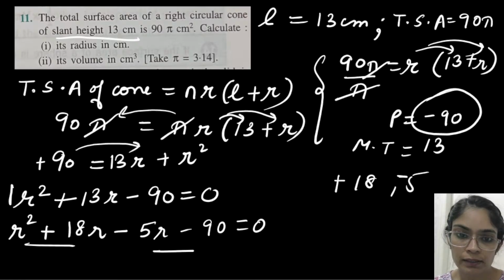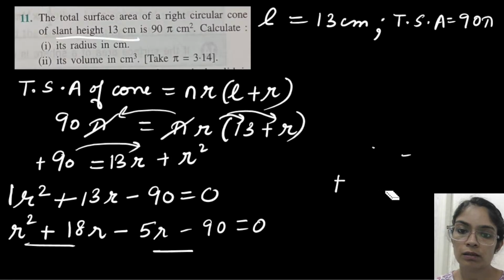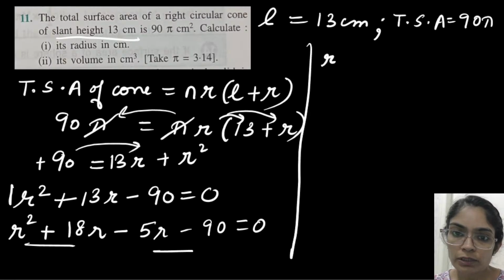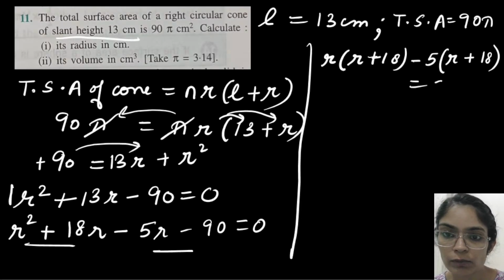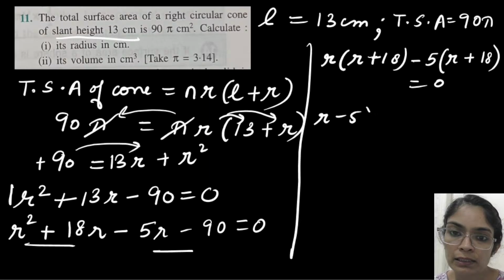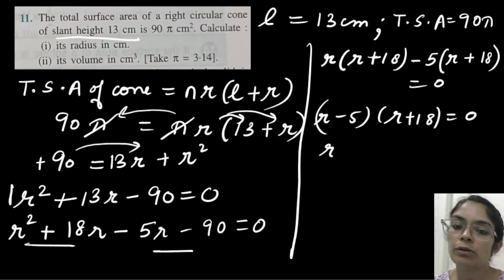So this is one pair, this is another pair. Taking common from the first pair, r is common, so I am left with r plus 18. From the second, minus 5 is common, so again I am left with r plus 18, because when the minus is outside the bracket, the inner signs change. So (r minus 5) into (r plus 18) equals 0.